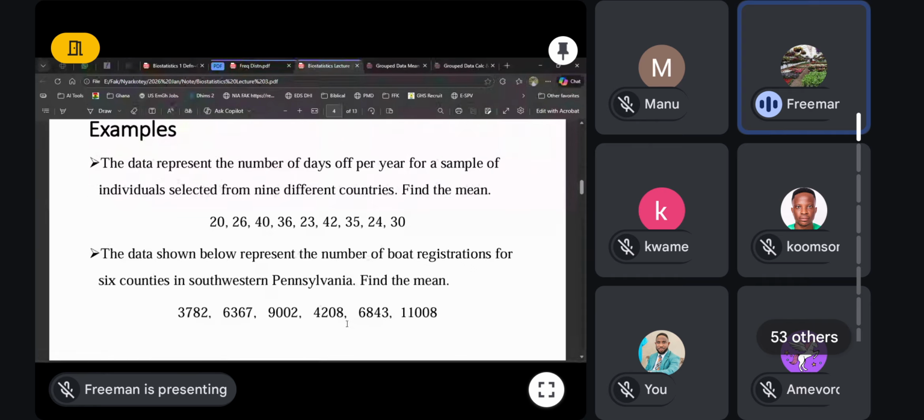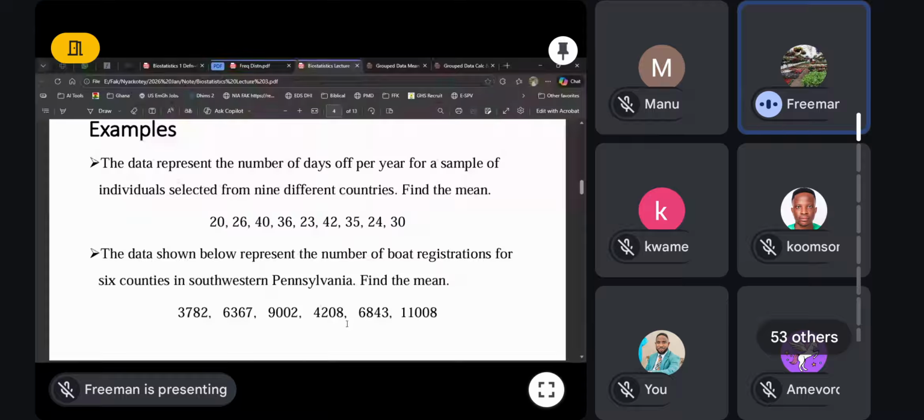Because of that 40,000, the average you are going to get is going to be too large. It will not be a real average. Only the one person who earns the 40,000 will be comfortable with whatever average you calculate. So in that case, you do not use the mean. You'd rather use the median.